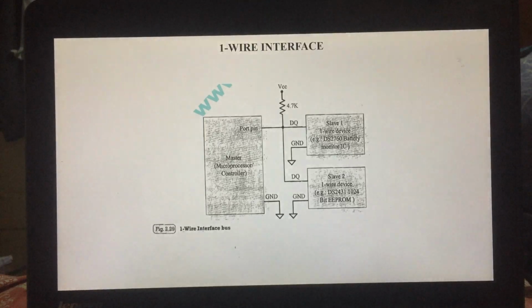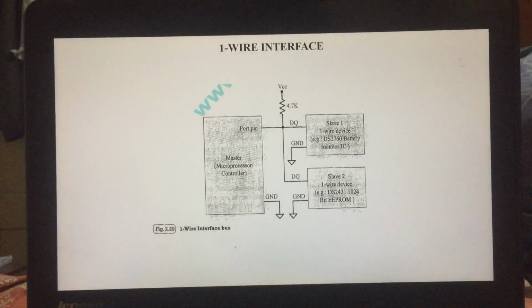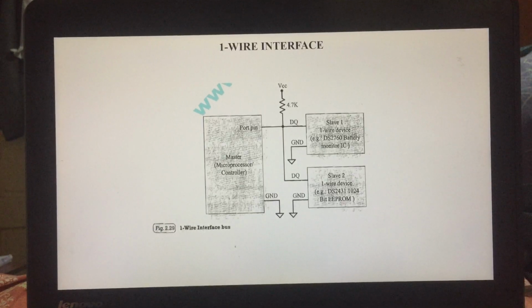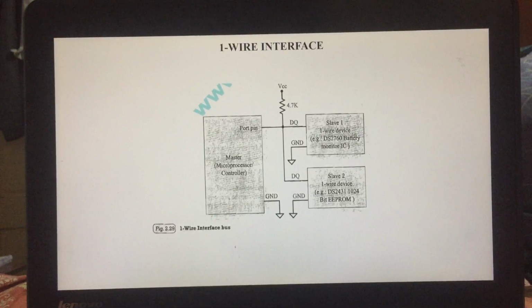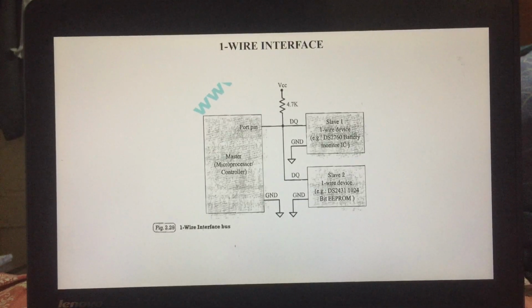To read a bit from the slave device, the master pulls the bus low for 1 to 15 microseconds. If the slave wants to send a bit value 1 in response to the read request from the master, it simply releases the bus for rest of the time slot. If the slave wants to send a bit value 0, it pulls the bus low for the rest of the time slot.